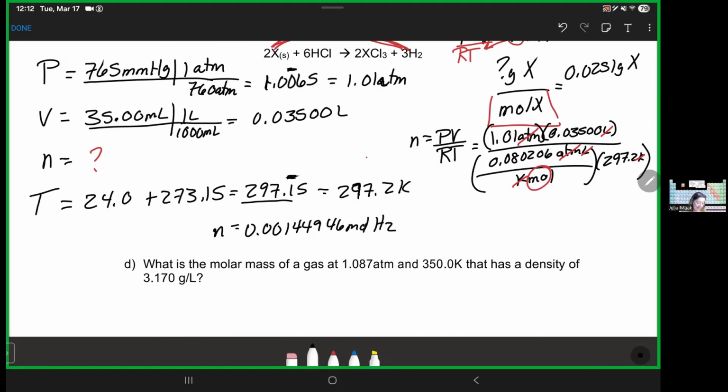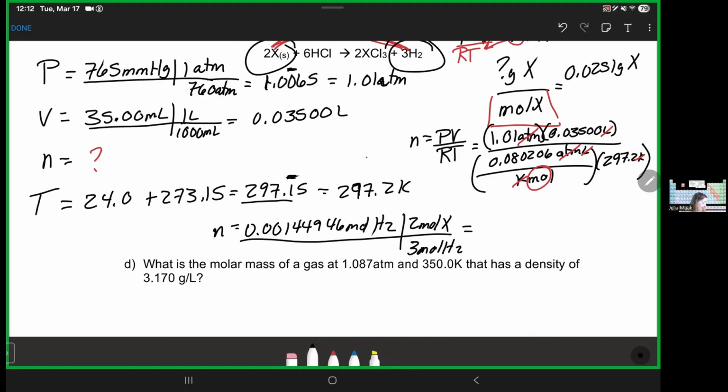That is not moles of my X. So I have to do my stoichiometry. For my balanced equation, we have 2 moles of X to 3 moles of H2. So 3 moles of H2 on the bottom and 2 moles of X on the top.